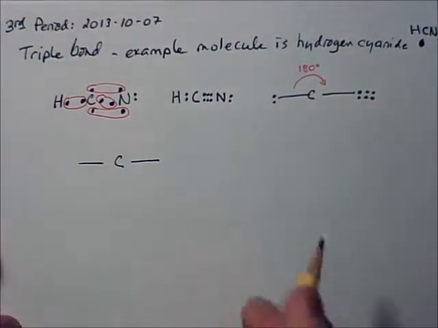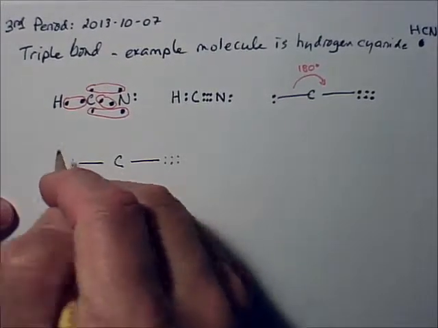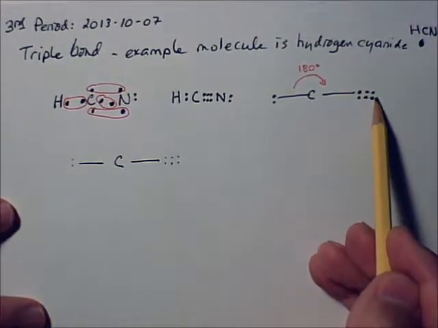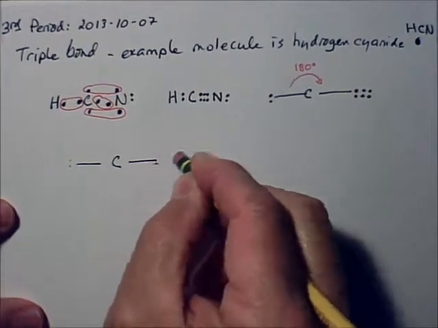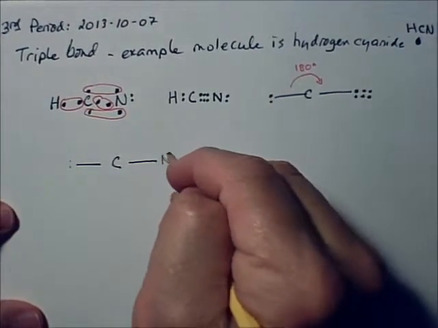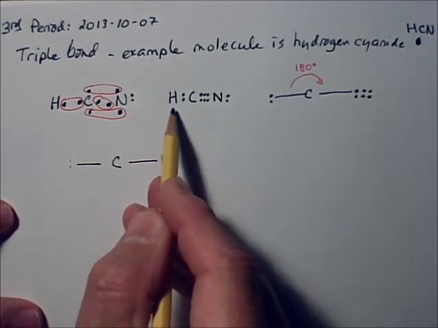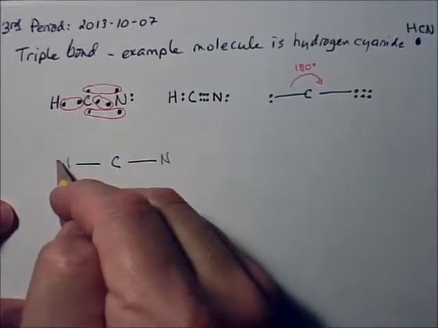I'm going to put our sets of electrons on the end of those arms. And since this set of 6 is shared with nitrogen, we're going to replace this with the symbol for nitrogen. And this set of 2 is shared with the hydrogen, so we're going to place this side over here with the symbol for the hydrogen.